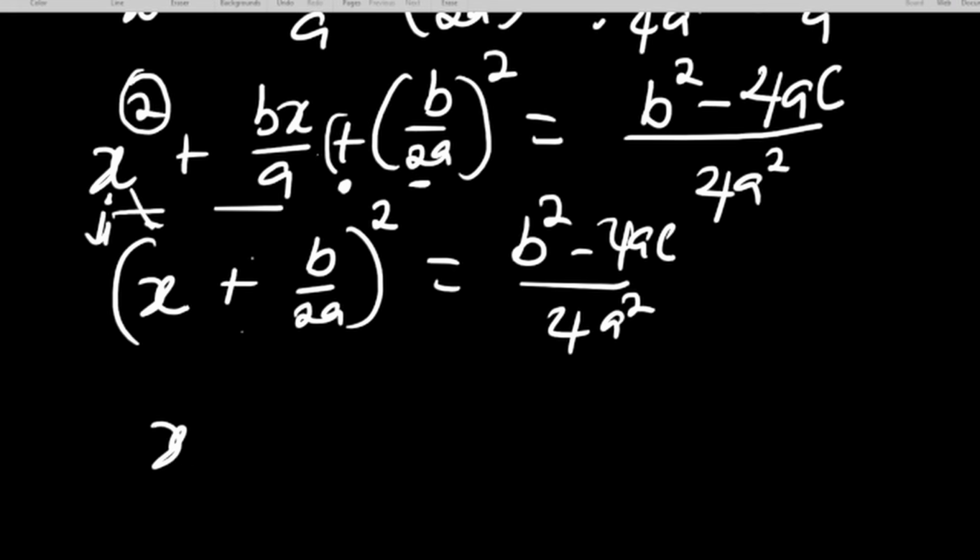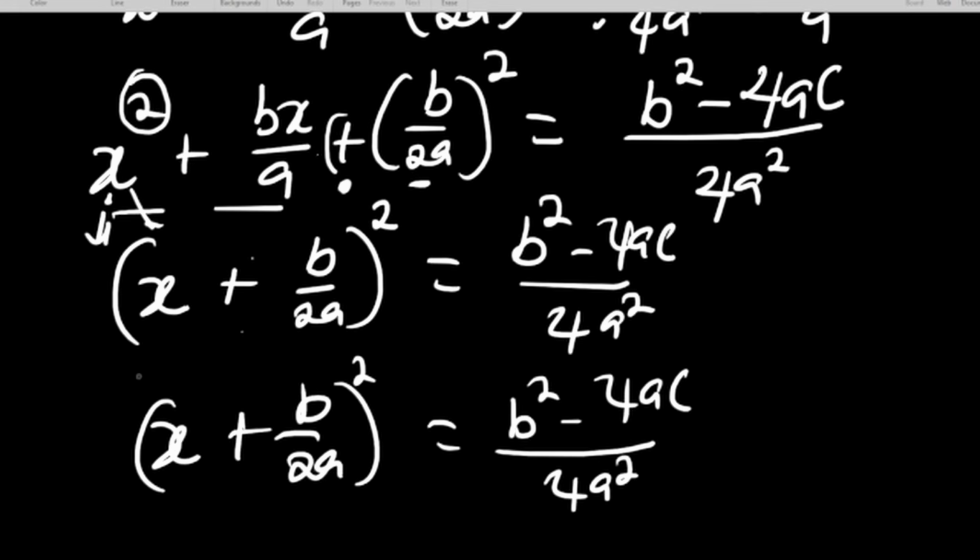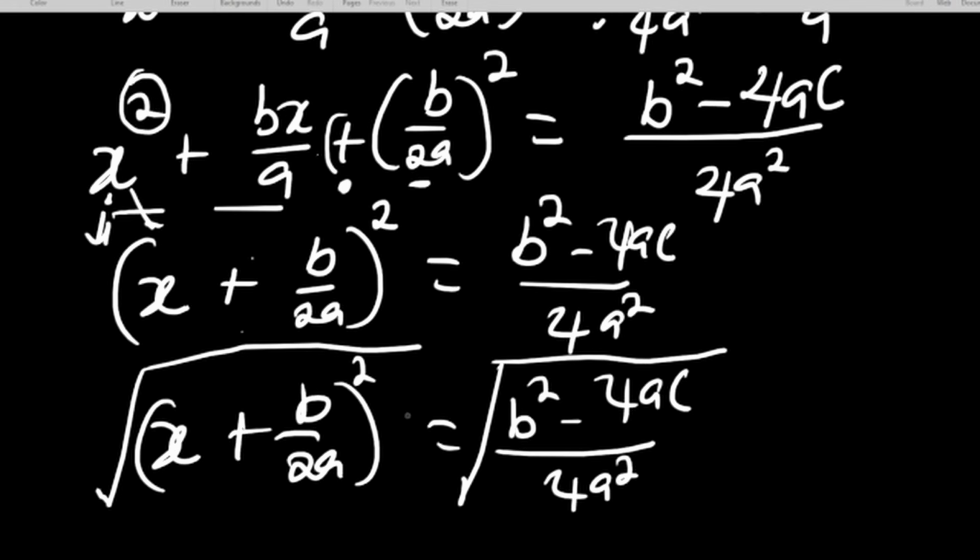Right here we have x plus b over 2a all squared, equal to b squared minus 4ac over 4a squared. What you do to the left, you also do to the right. Don't forget. So the square and the square root cancel out.